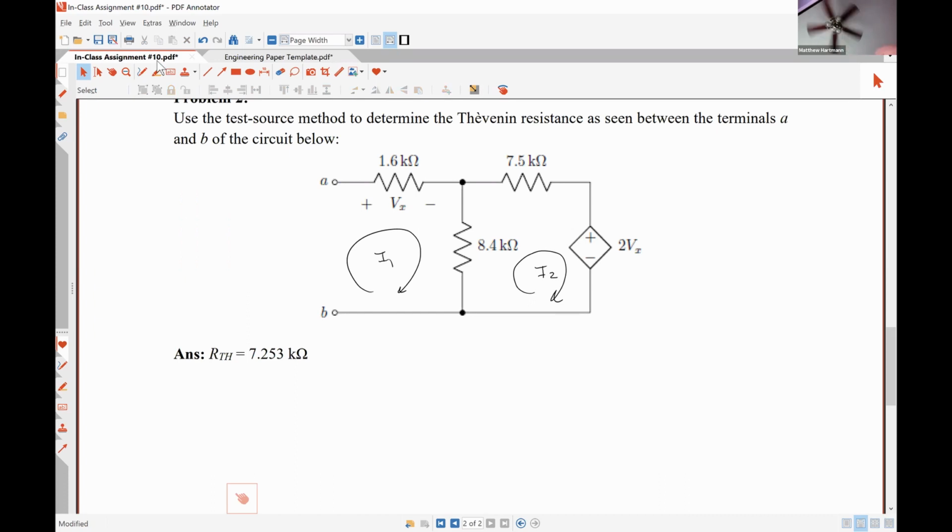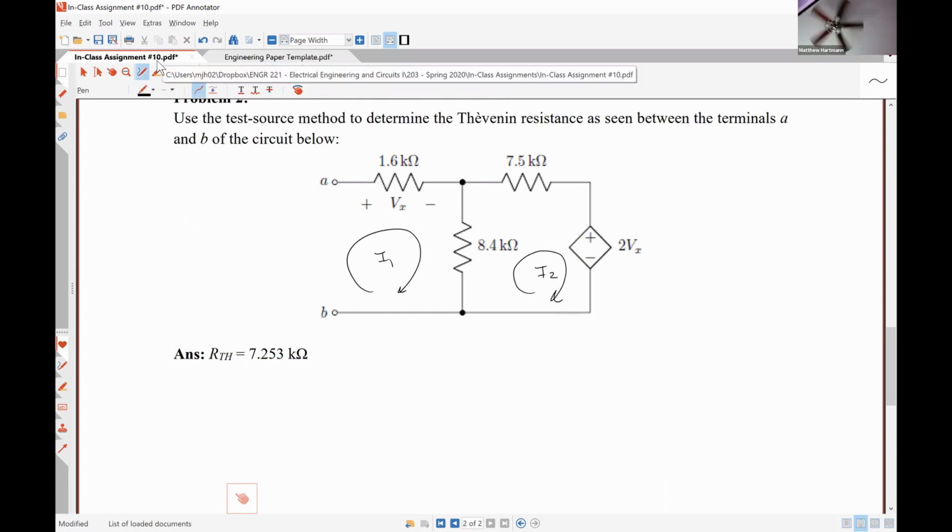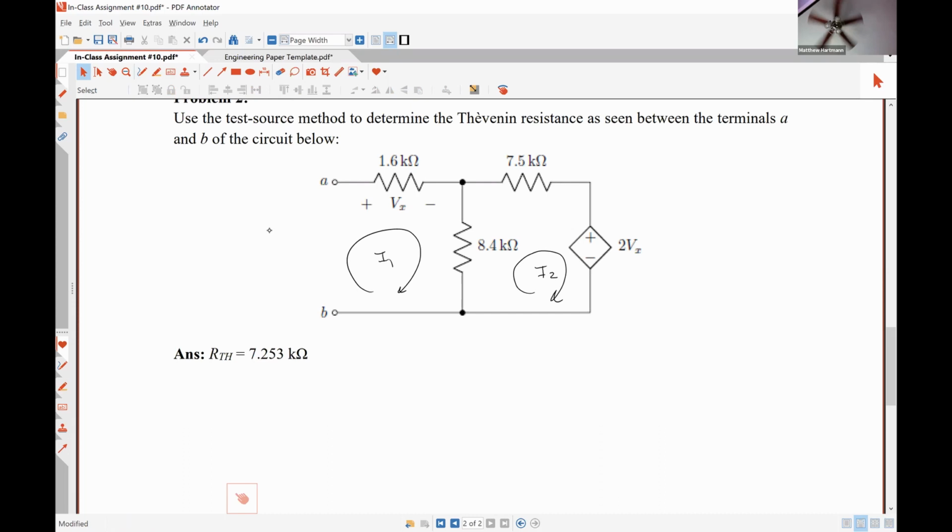I used mesh, but I chose to use a current source. I used a 1 amp current source.